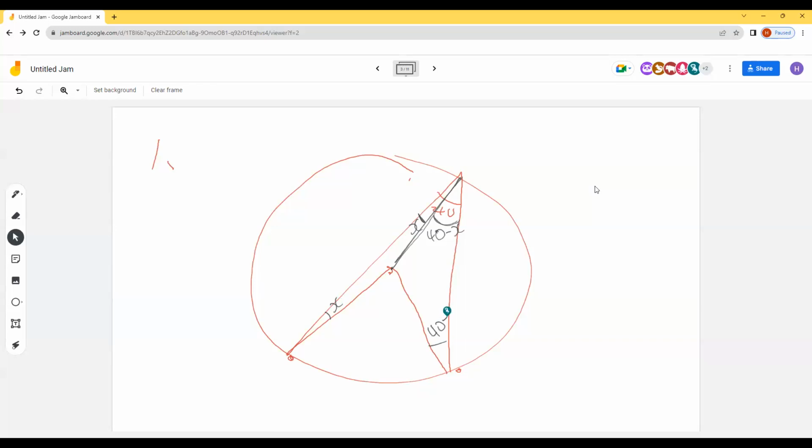And then I added a line, and the bottom two angles should add up to 140 because angles in a triangle add up to 180 and the top angle is 40. And if I add these two together, they add up to 40. So then that means that these two are 100 degrees, and thus that angle is 80.